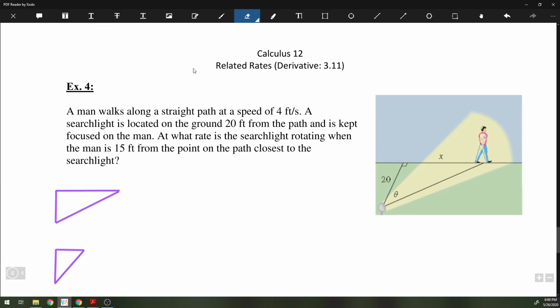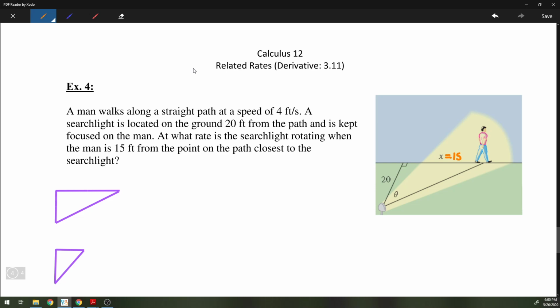A man walks along a straight path at a speed of 4 feet per second. A searchlight is located on the ground 20 feet away from the path and is kept focused on the man. At what rate is the searchlight rotating when the man is 15 feet from the point on the path closest to the searchlight? So, let's see here. 15 feet.